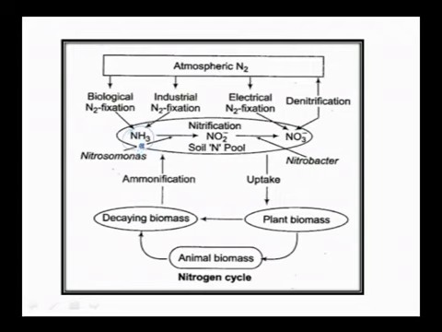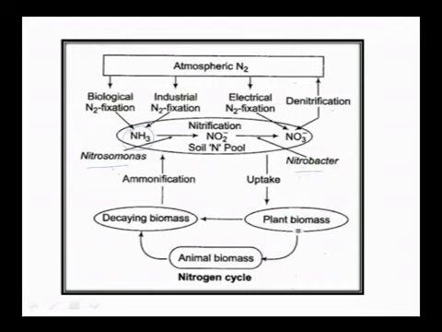Further, this ammonia is converted into nitrites, a process called nitrification, and the organisms involved in this process are Nitrosomonas. Nitrites undergo further oxidation to produce nitrates, which can be absorbed by the plants with the help of Nitrobacter.